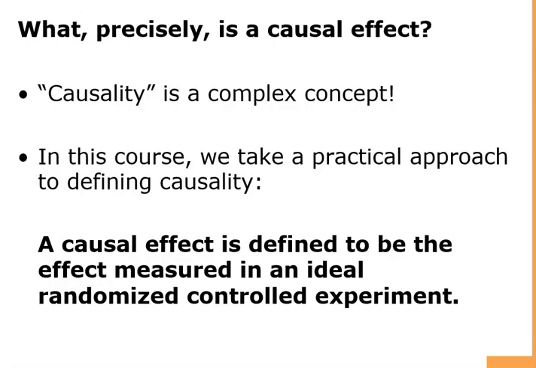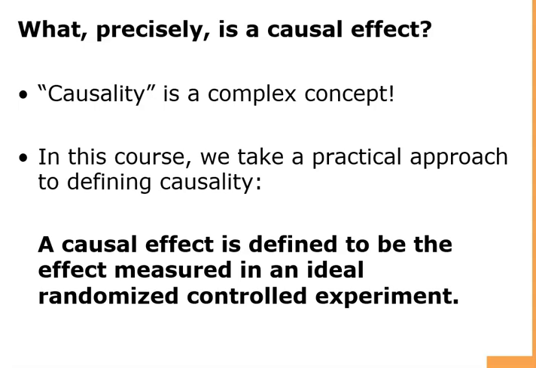Now what is causality? Causality is a complex concept, and as we move along this book, we will see that getting at causality is a very, very difficult process, because there are a number of confounders which will always be confounding the relationship between your regressor and the dependent variable.